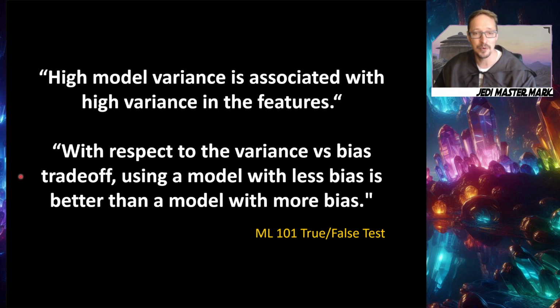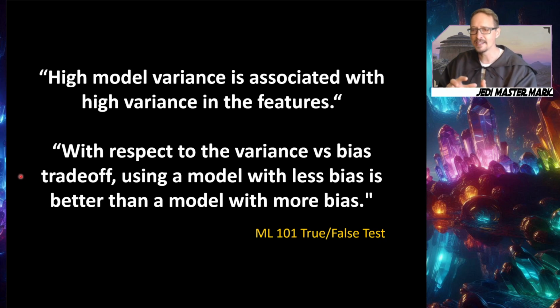And for the second one: with respect to the variance versus bias trade-off, using a model with less bias is better than a model with more bias. Again, this is really about the definition of bias. In the context of variance versus bias trade-off, bias is referring to how well your model captures the training data.